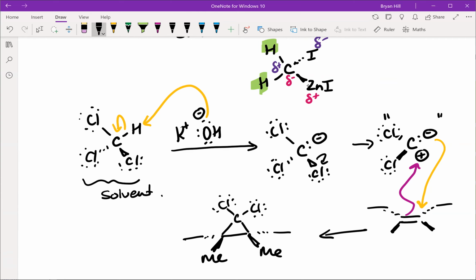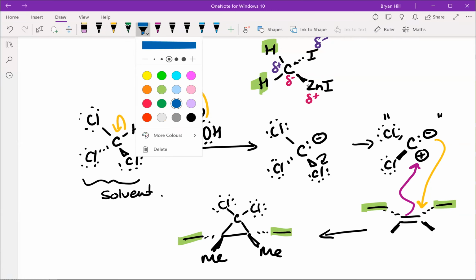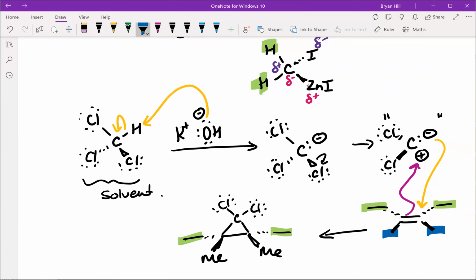But the same sort of principle applies. If this is a Z alkene, the 2 methyl groups are still on the same side together. The only difference is that you've got some chlorine atoms here.